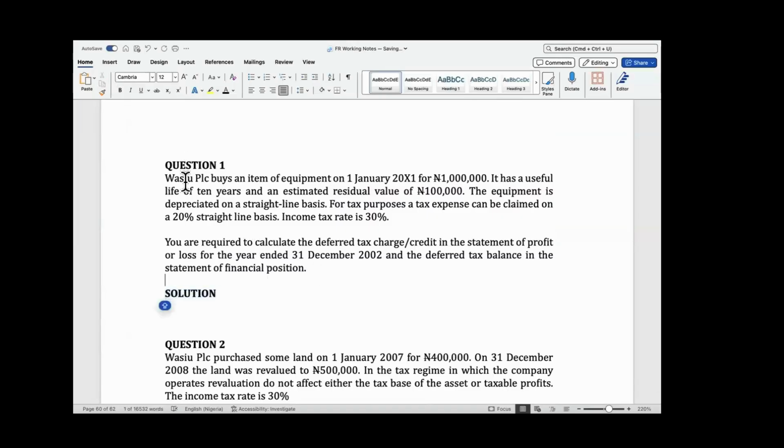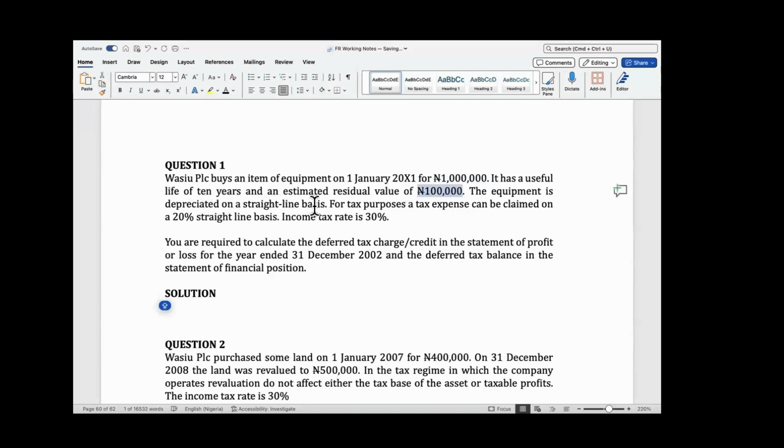So now, the first question states that Wasi PLC buys an item of equipment on 4th January 2001 for 1 million. It has a useful life of 10 years and an estimated residual value of 100,000. The equipment is depreciated on a straight line basis.